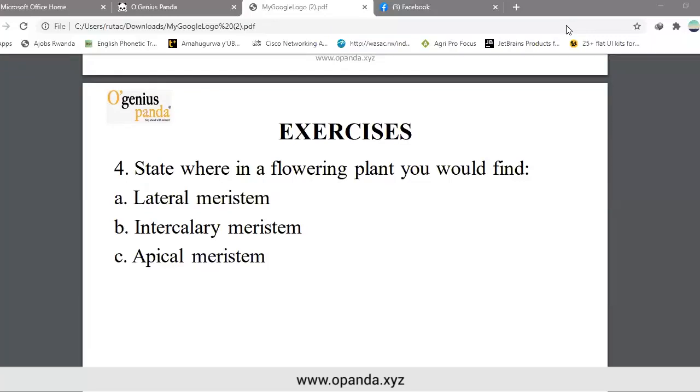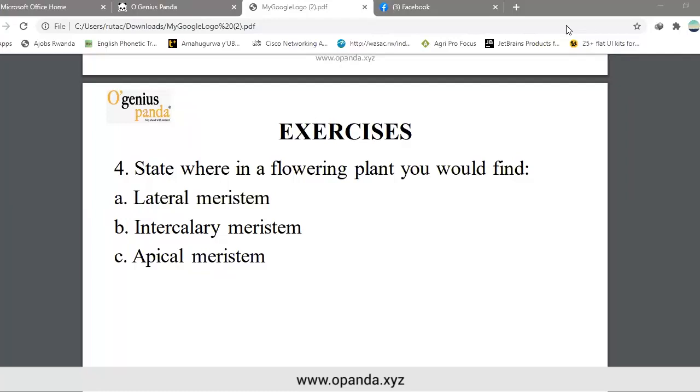Kicukiro at Gatenga. Your school? Lycée de Kigali. Which class? S4 PCB. Okay, welcome. On number 4, I think C, apical meristems are located in the root and shoot apex. Very good. Roots and shoots.